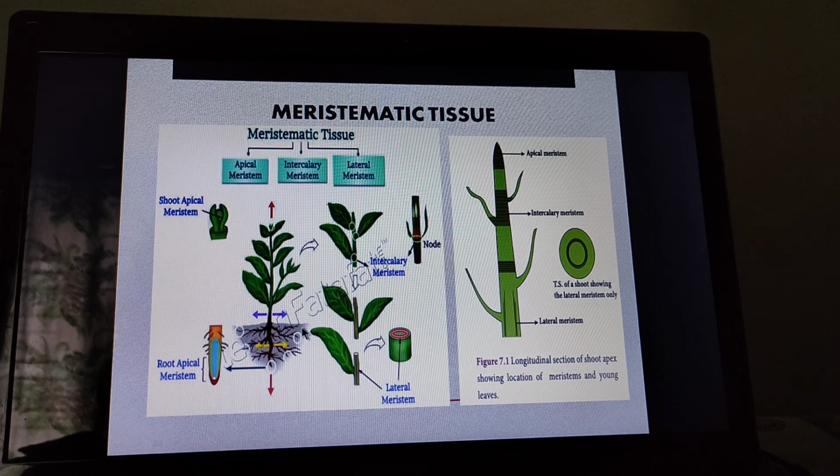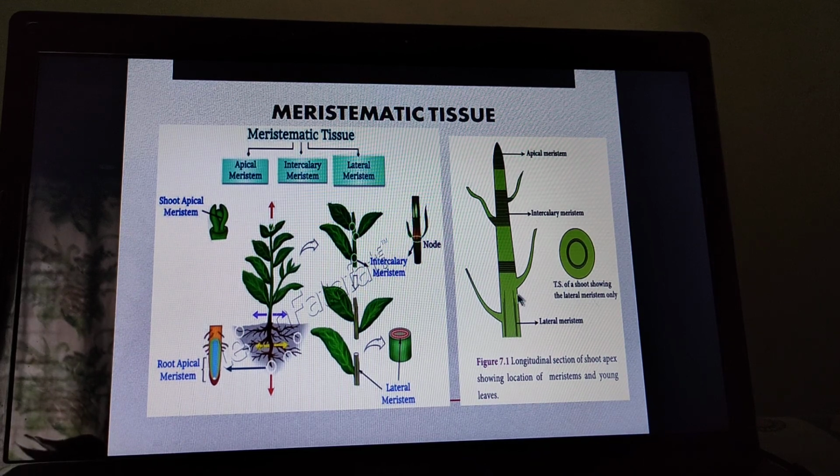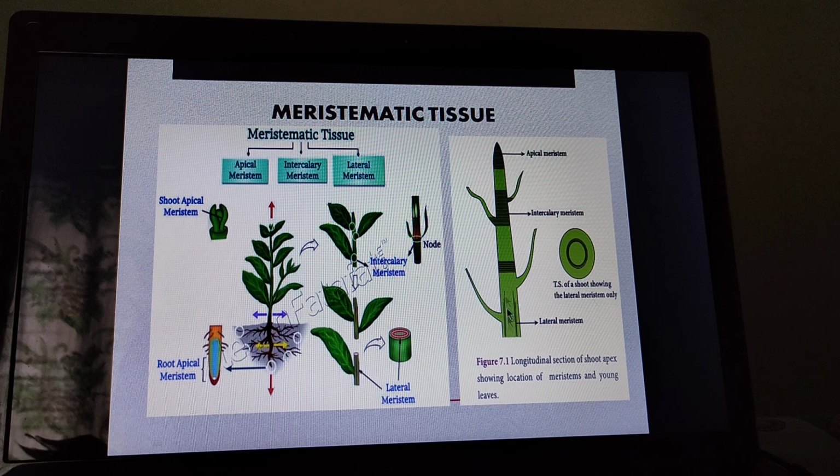Okay. So next know about lateral meristem. Look at this diagram. It is the longitudinal section of shoot apex showing location of meristems and young leaves. Where is the position of the lateral meristems? At the side. Okay.